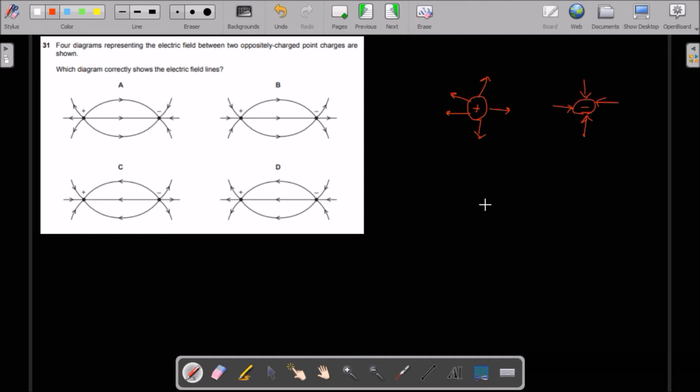Because of that, for one positive charge and one negative charge, the electric field comes out from the positive and goes to the negative. So, according to this, A is right. Question 31, A is right.